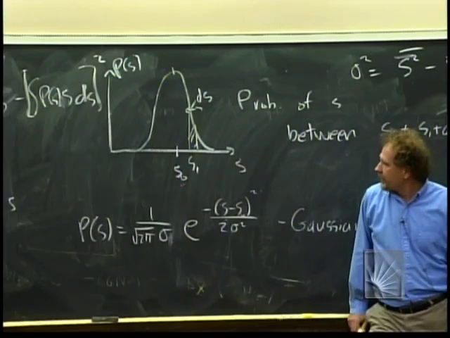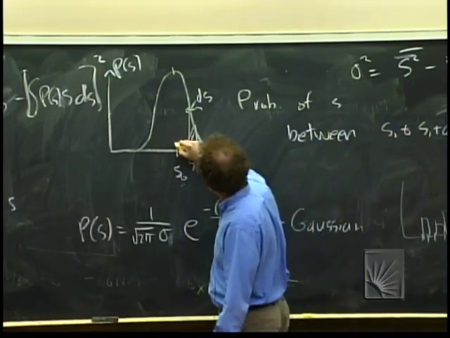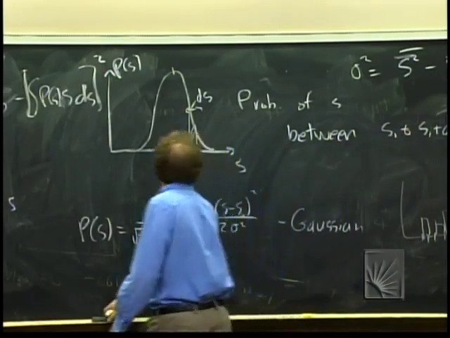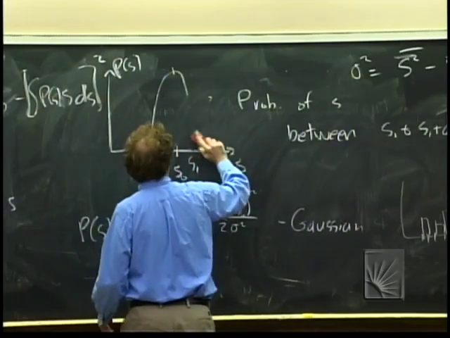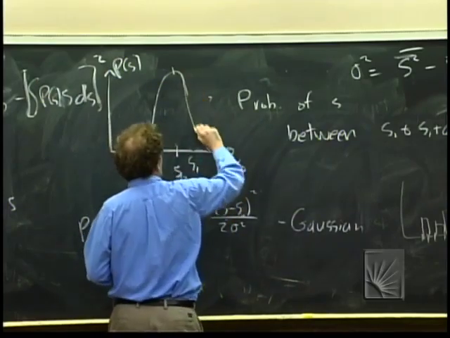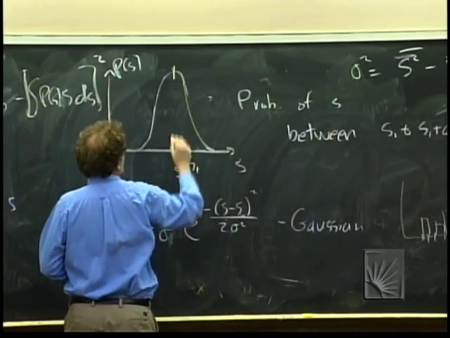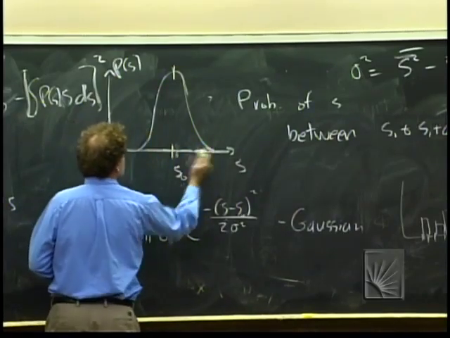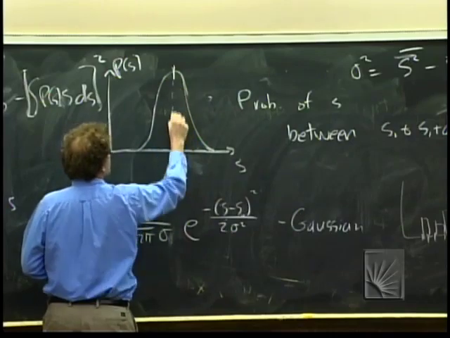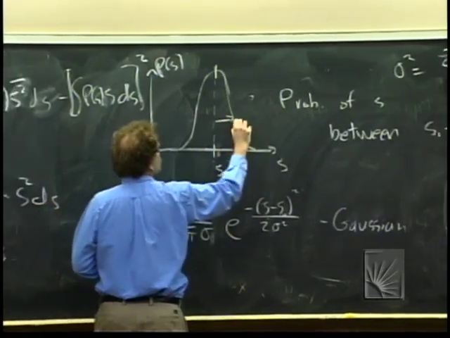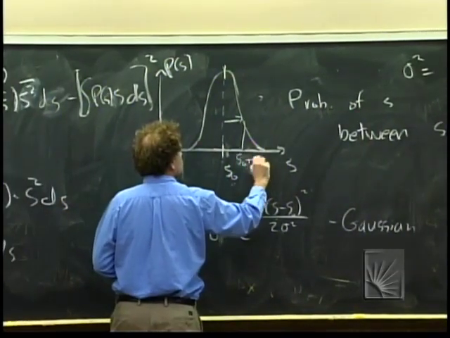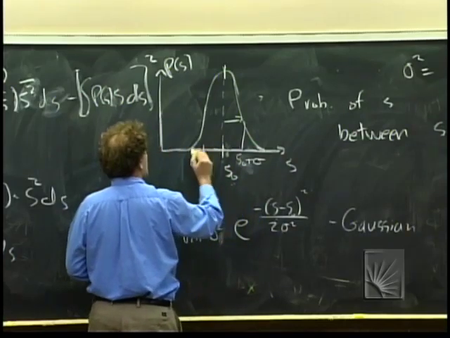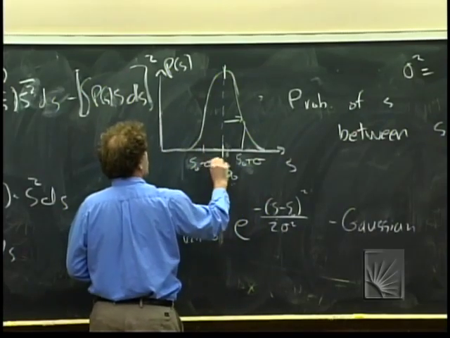All right? The other thing about the sigma is that, so basically, let me erase this little bit of markup on the curve. So if I have a curve like this, and again, let me line it up better. This is S0. This would be S0 plus sigma, and this would be S0 minus sigma.